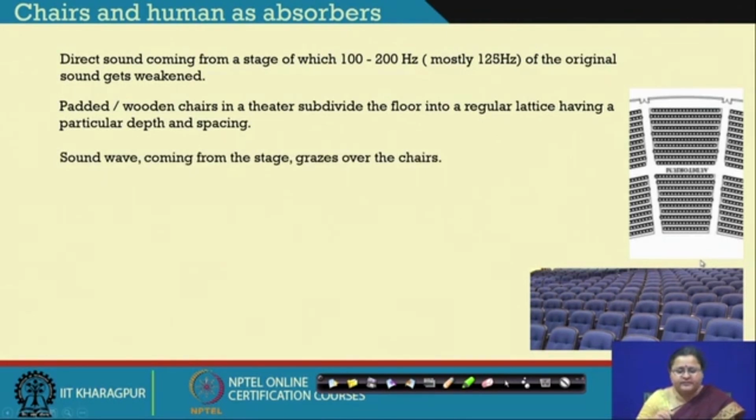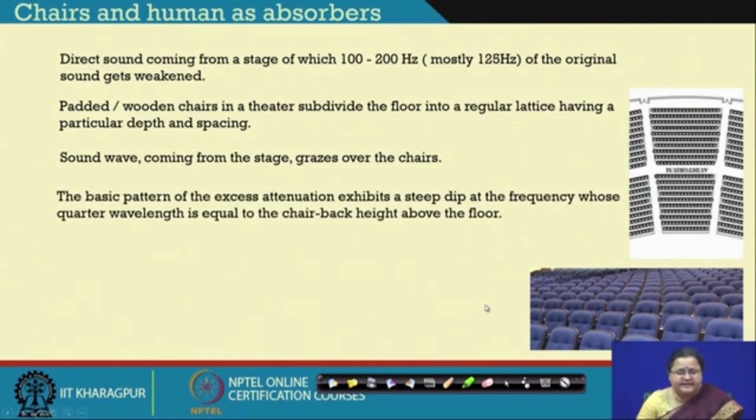Sound waves coming from the stage are grazing over these chairs. Grazing means like a goat or cow grazes on the field: once generated from the source, the sound goes close to the top of the chairs, and the basic pattern of excess attenuation creates a dip at the frequency whose quarter wavelength is equal to the chair back height.